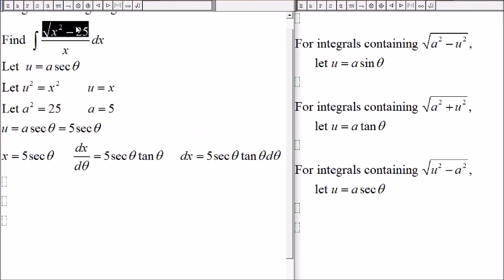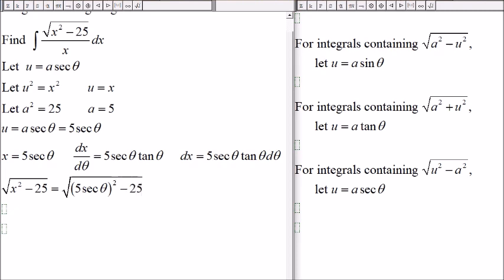And so for this integral, let's go ahead and work out this part. So x squared is 5 secant theta squared, and then minus 25. And this becomes 25 secant squared theta minus 25.